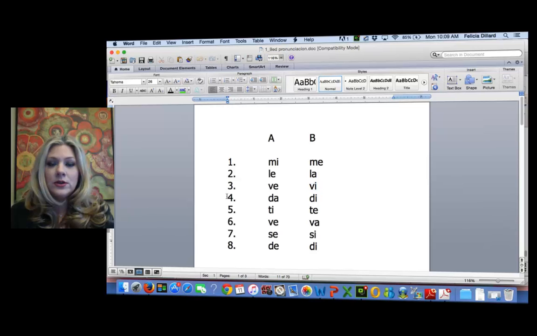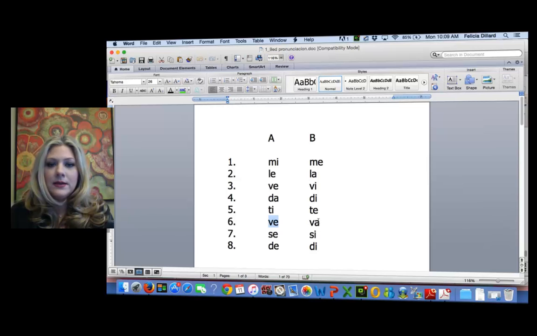Y número 4, ta. Ta. Esta palabra es di. Número 5, ti. Esta es ti. Esta palabra es te. Número 6, be. Be.